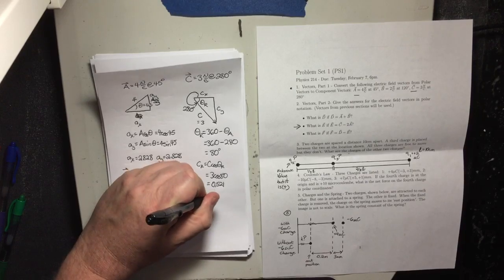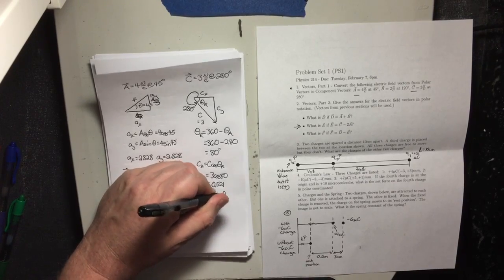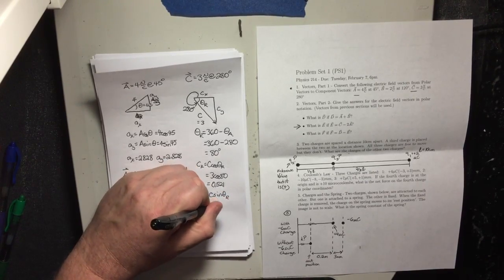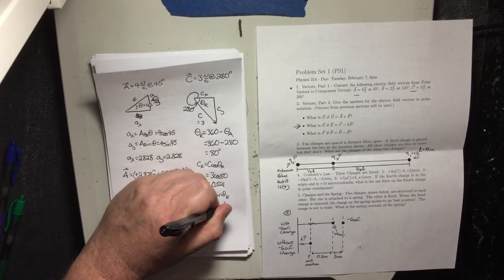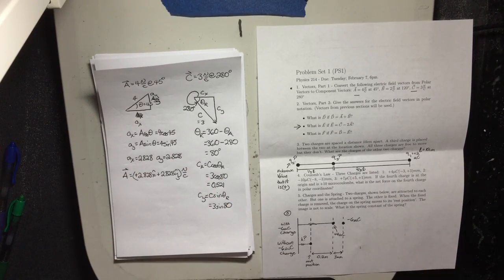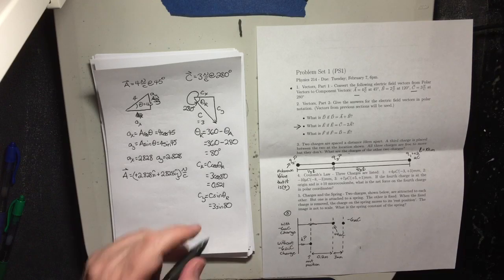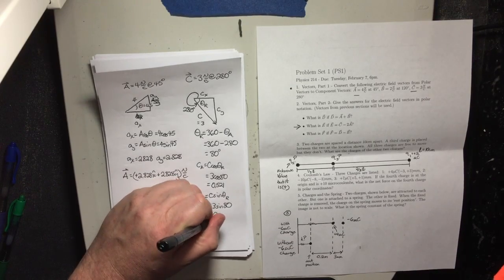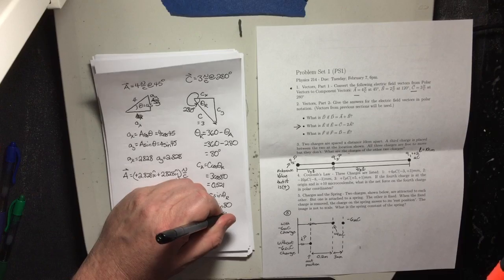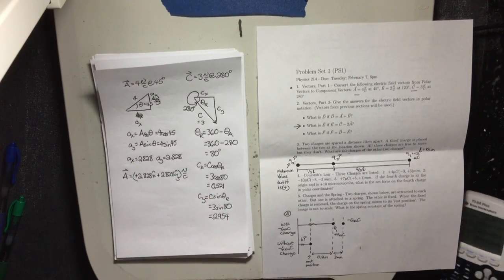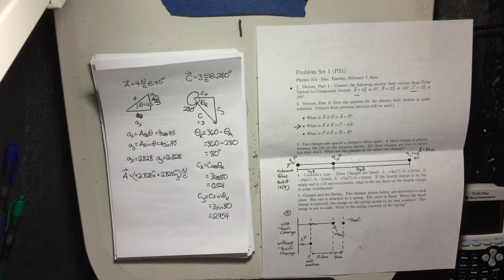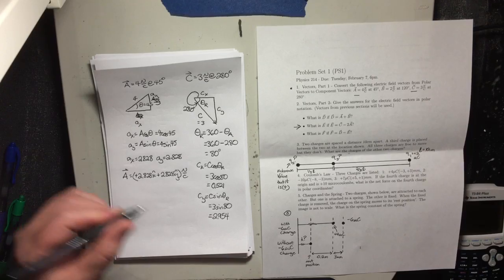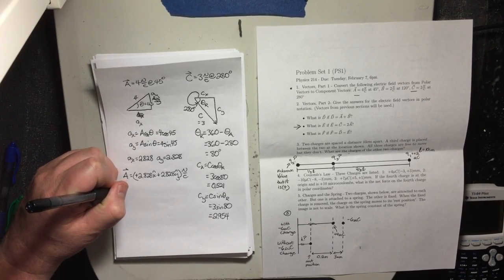Cy is C sine reference angle, or 3 sine 80, or 2.954. Now those are the magnitudes, and because it's a fourth quadrant vector, you know that the x component will be positive and the y component will be negative.